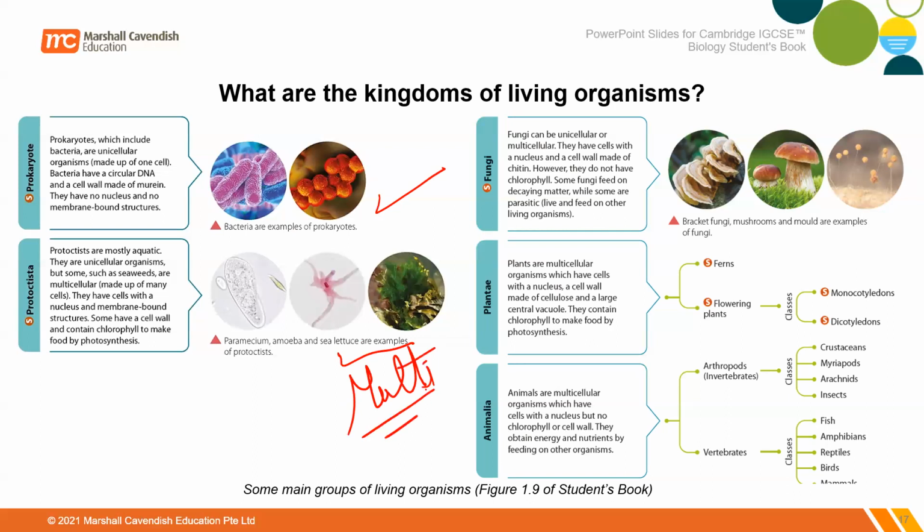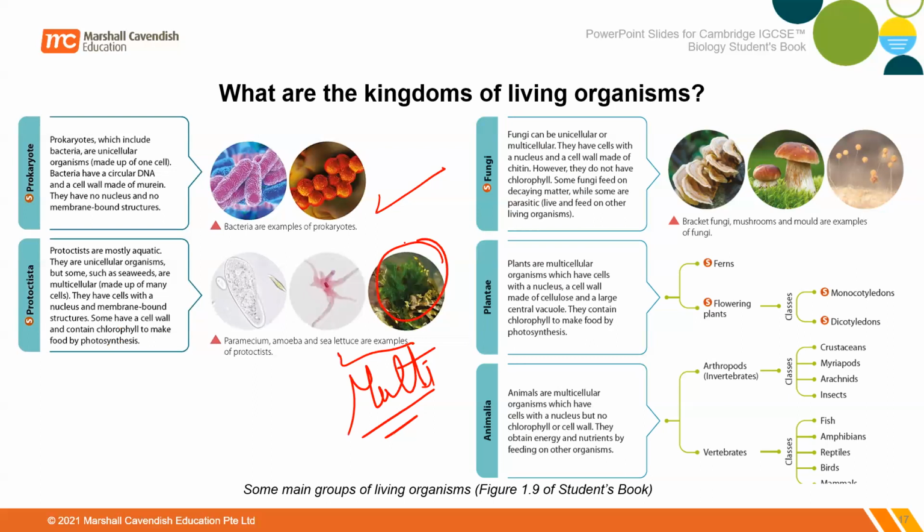They have a nucleus, they have membrane-bound structures, and when I say membrane-bound structures, I mean they have organelles performing a certain function in the cell. They have a cell wall, and some of them have chlorophyll.